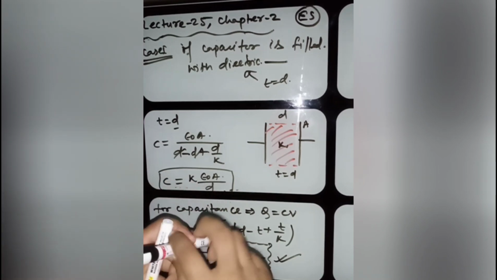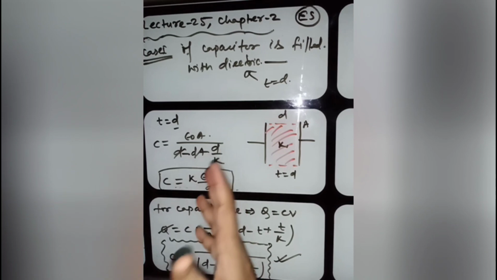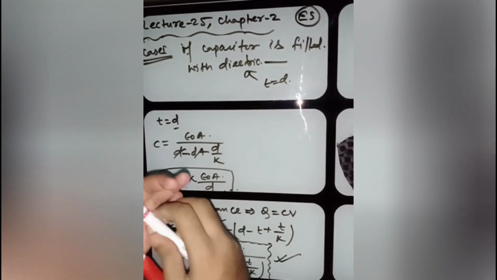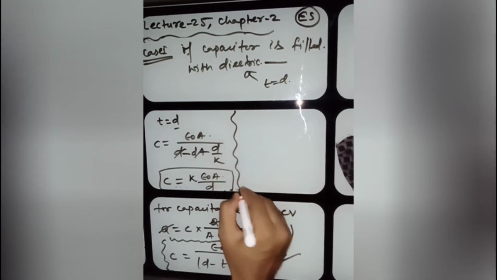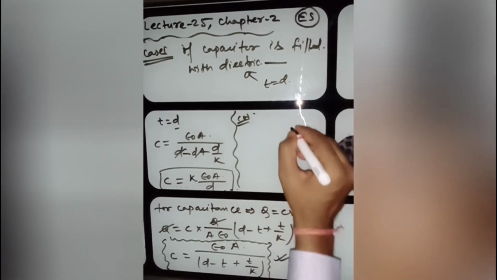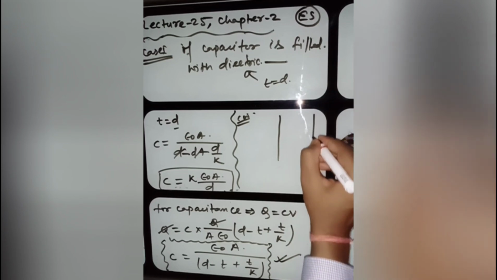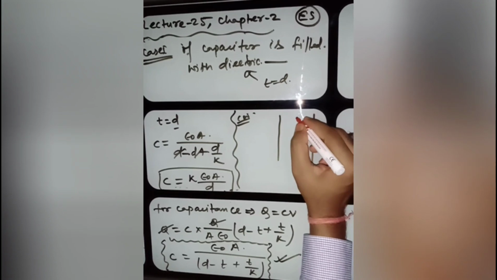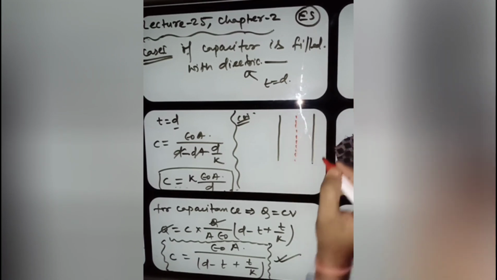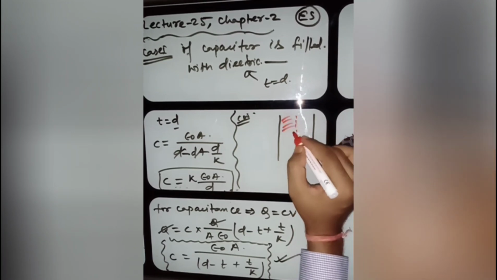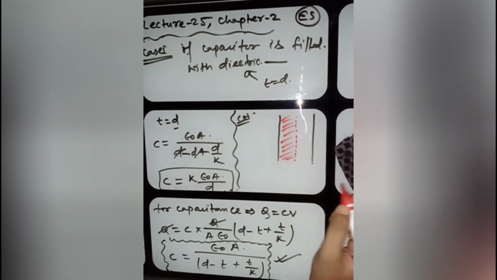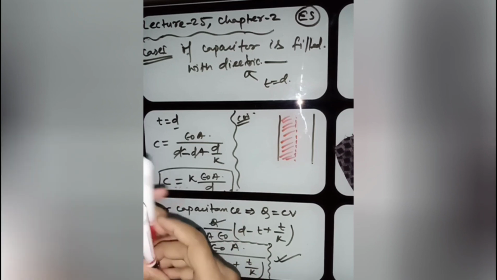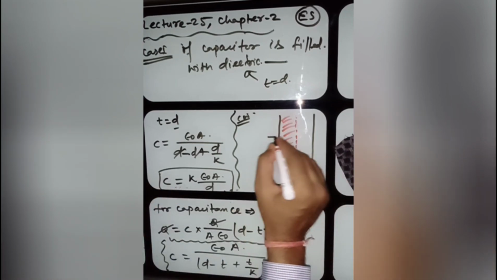Okay, my dear student. Suppose I am giving you another simple case. This will be your classwork. If the dielectric is filled halfway and the other half is free, what will be the capacitance of such a capacitor?